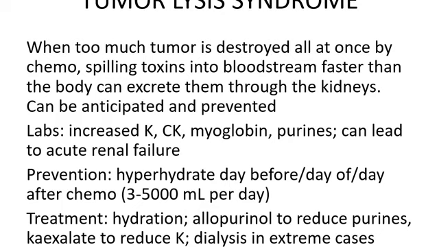To prevent this, if we know that this particular chemotherapeutic regimen is at risk for TLS, we will hyperhydrate that patient the day before, the day of, and the day after chemo. We're talking up to 5,000 milliliters, so 5 bags of fluid each day to flush all of those toxins out before they concentrate so much that the kidneys can't filter them.